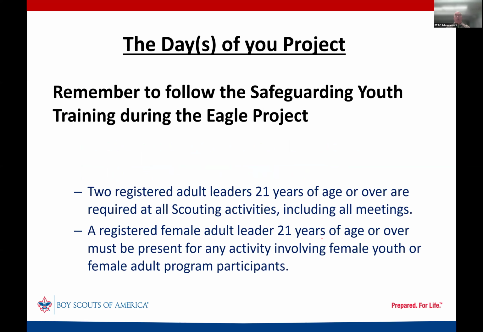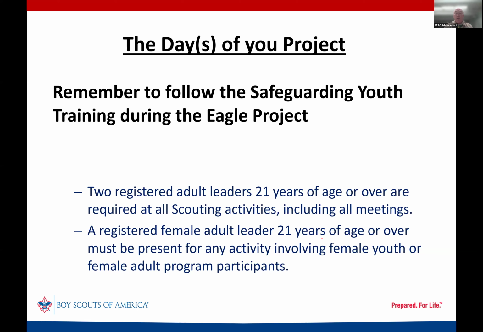Another thing we need to remember is that we need to follow the safeguarding youth training during the Eagle Project. This means two registered adult leaders, 21 years of age or over, are required at all Scout activities, including meetings. That includes the Eagle Scout Service Project.